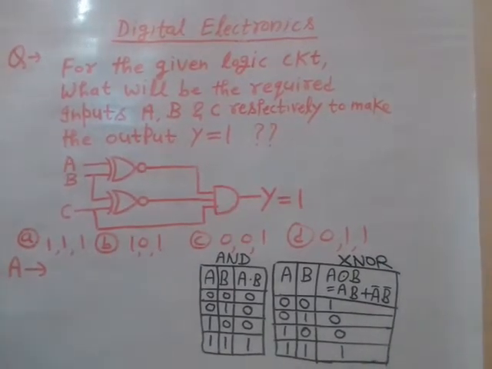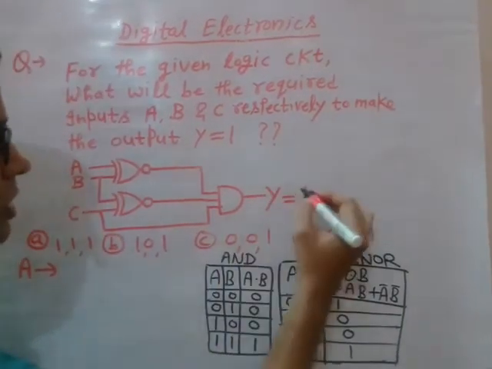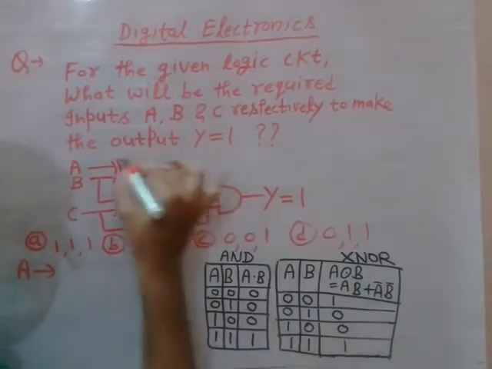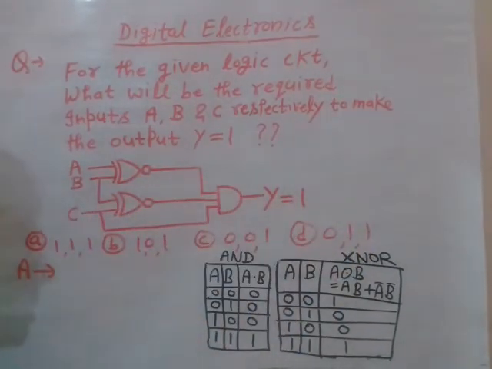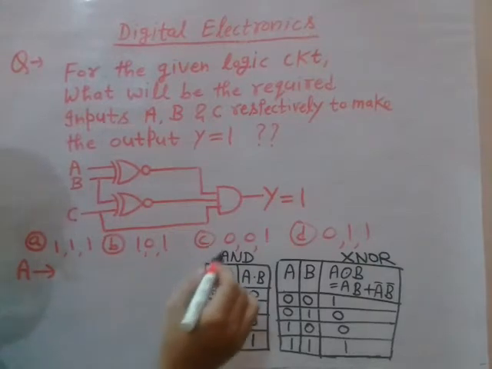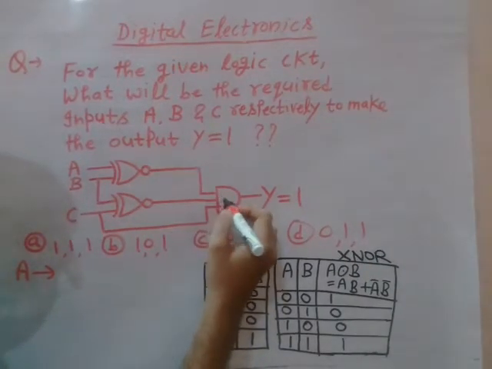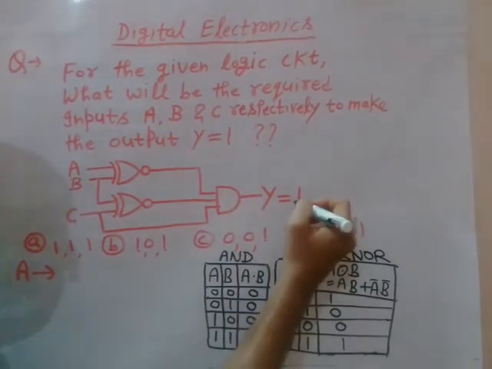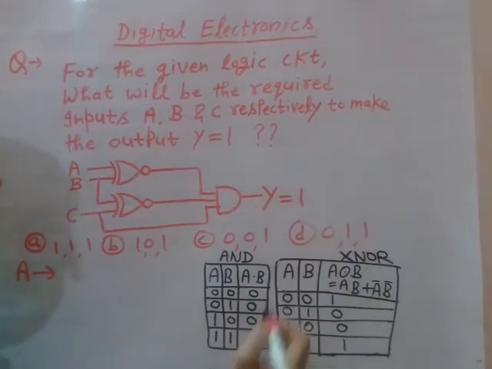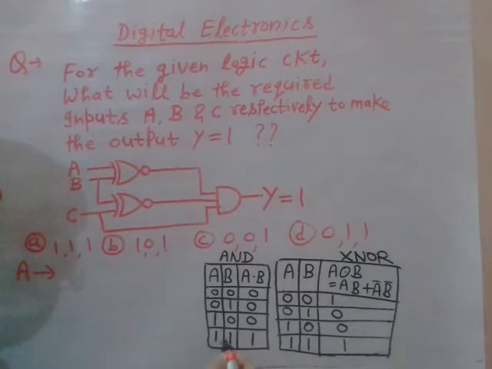See here, just think logically. He wants output of this logic circuit y equal to 1. AND gate output will be 1 if and only if both the inputs, or you can say all the inputs of AND gate, are 1.